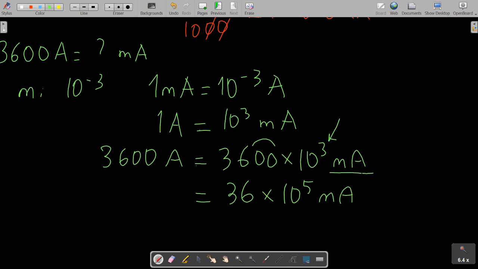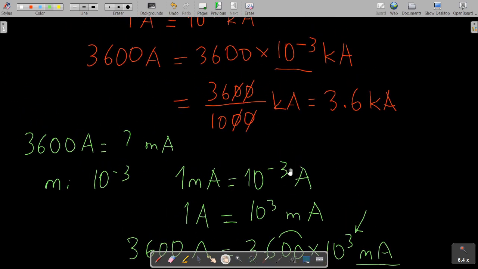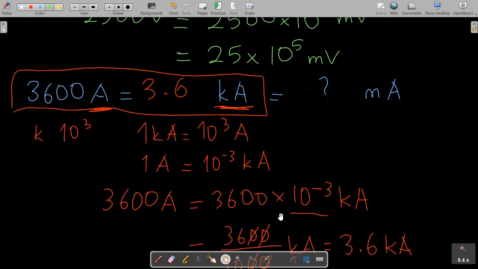Okay, so we can go ahead and write this answer. Let's erase the question mark and write the answer: 36 times 10 to the power 5 milliamps.